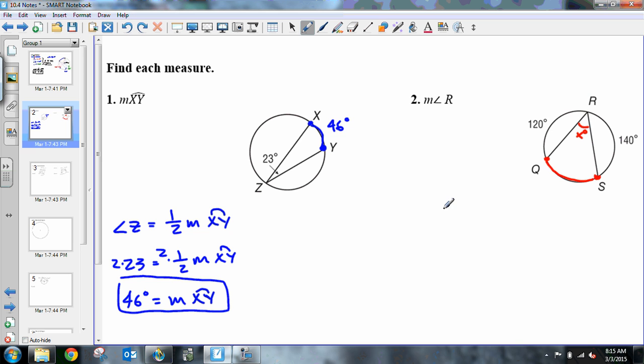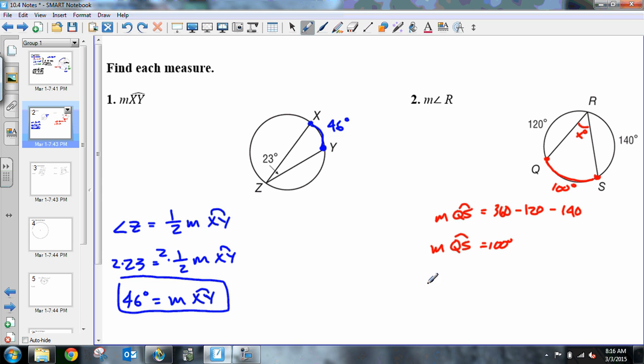So I know that the measure of arc QS is equal to, now I have this arc measure, which is 140 degrees, and I have this arc measure, which is 120. I know the whole thing is 360. So if I take 360 and subtract off 120 and subtract off 140, I end up getting that the measure of arc QS is equal to 100 degrees.